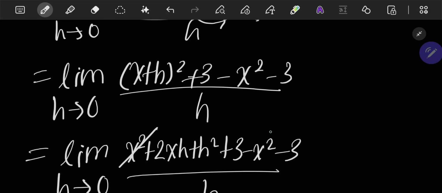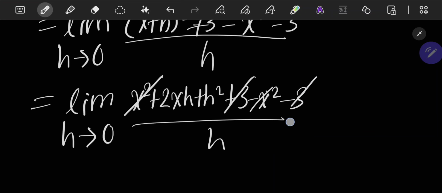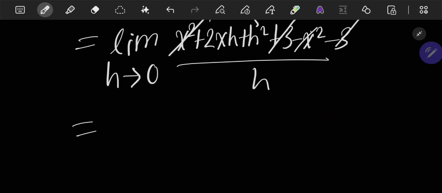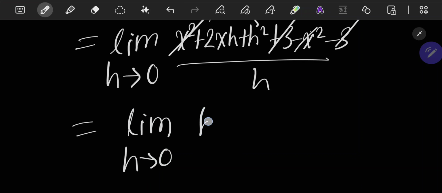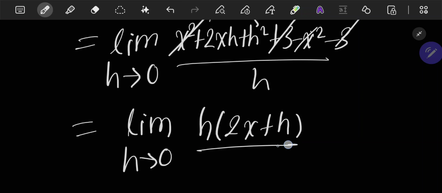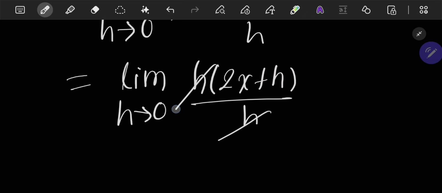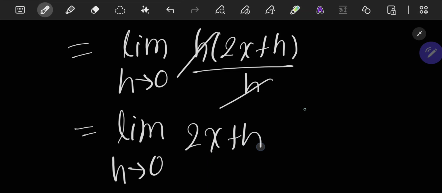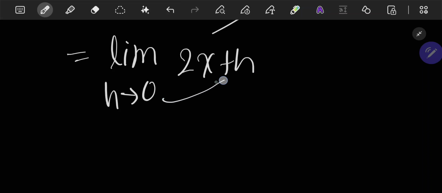Now, these cancel out, and this also cancels out, and we are left with this much, of which we will take h as the common factor. Since h is common, we are left with 2x plus h over h. Now this cancels out, and we are left with the limit as h approaches 0 of 2x plus h. We can just plug in the value of h right here to get that the derivative is equal to 2x.